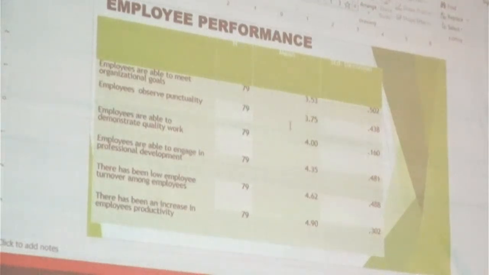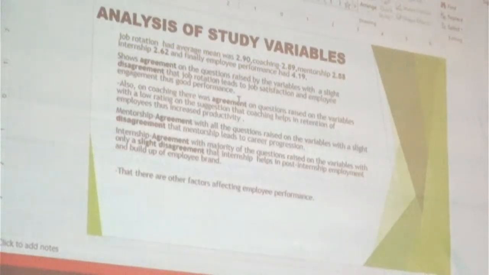Based on the values that we've seen, we can come to the conclusion, given that job rotation has a mean of 2.90, coaching 2.89, mentorship 2.88, and internship 2.62. And finally, our dependent variable with 4.19.